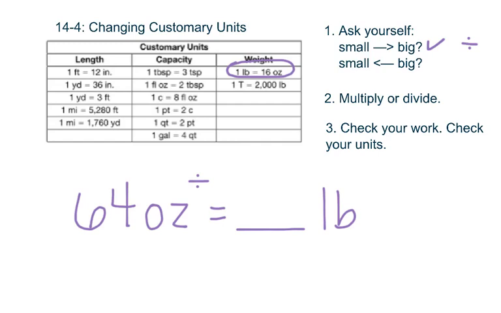Well, there's 16 ounces in 1 pound, so I'm going to divide 64 by 16. 64 divided by 16 is 4. So 64 ounces is equivalent to 4 pounds. I did my multiplication or division. Now let's check. Yep, small to big, so divide. 64 divided by 16 is 4. So everything looks good.